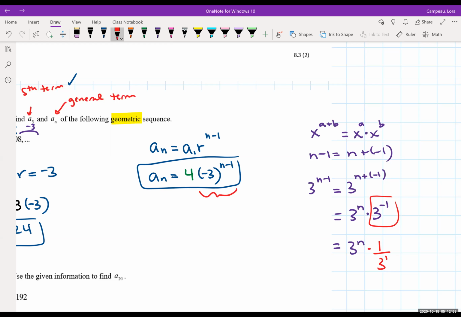And actually, let me attach this on to make it more consistent with our problem. Technically, we had negative 3's everywhere, right? I'll write that a little bit nicer for you. I do apologize.